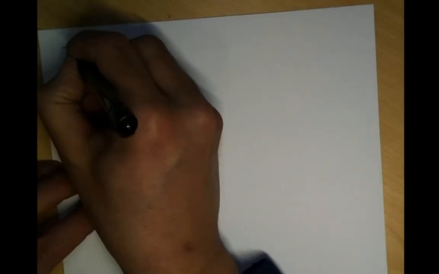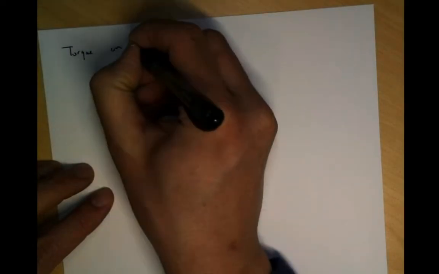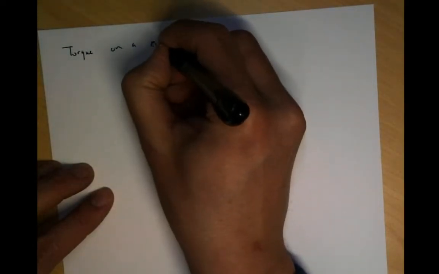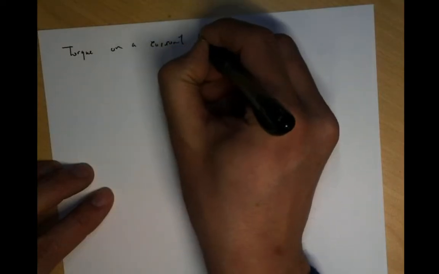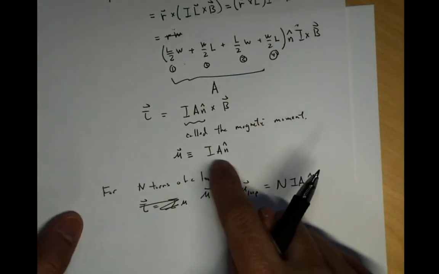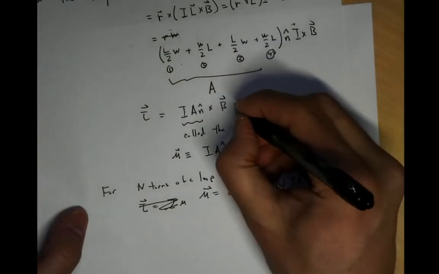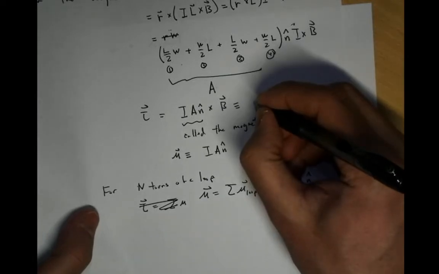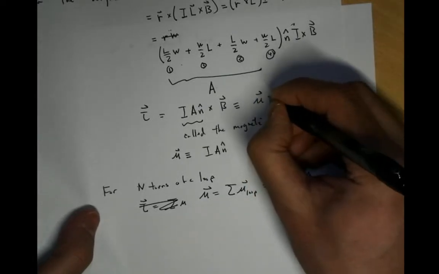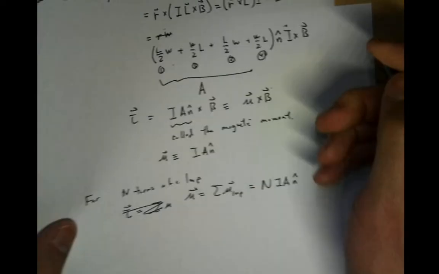Again, a torque on a current loop. We're going to make contact with what we just derived earlier for the torque here, which is basically equivalent to mu cross B. We're going to make contact with that in just a second.